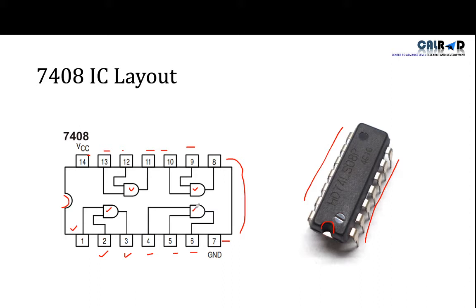What are the applications of this IC 7408? We will discuss this at the end of the lecture after completing our experiment. In today's experiment, we will be using only one AND gate, so we will do only one application, but this IC can be used for more than one application.